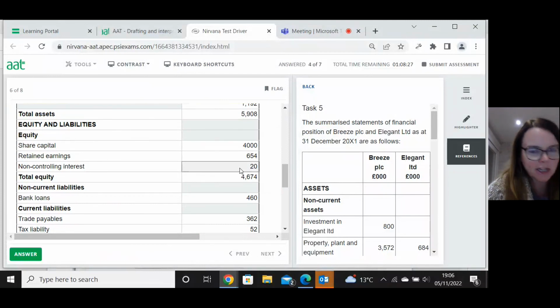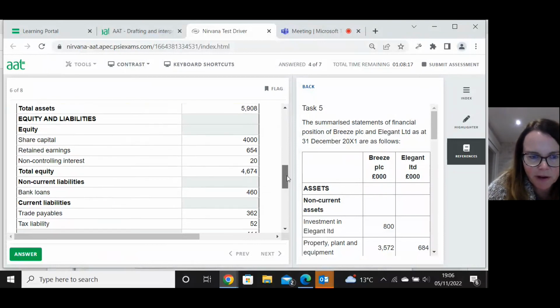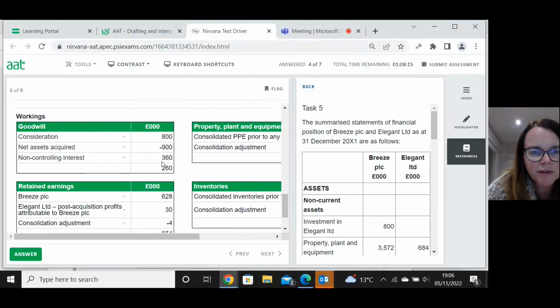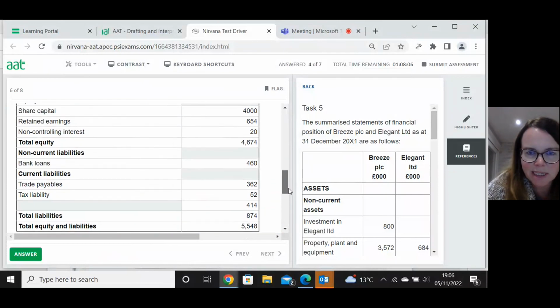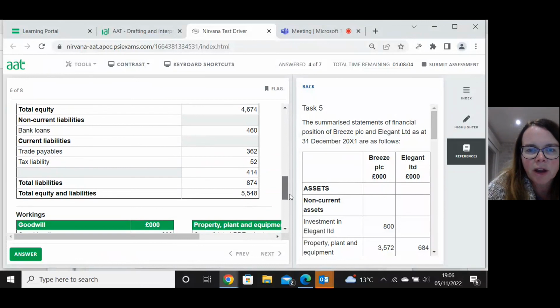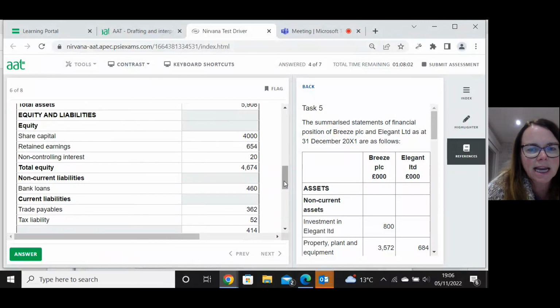Right, non-controlling interest. At the moment, I've got the 20 in there. When I made that transfer, do you remember when I did that transfer from Goodwill, I put 360 here as a debit in the Goodwill account, which needed also to have been credited to non-controlling interest. I've got that in front of me in my little T account working. So I am just going to update that non-controlling interest to 380.